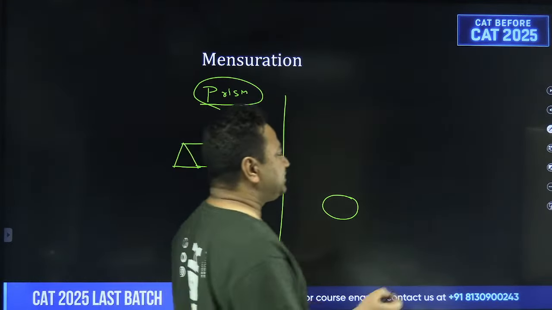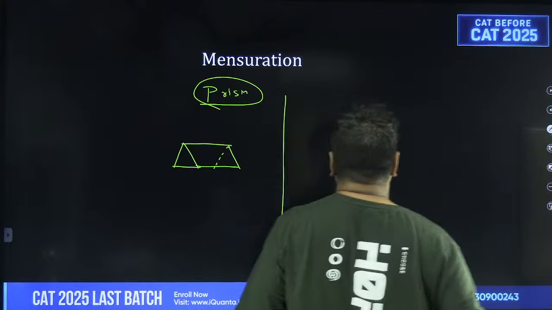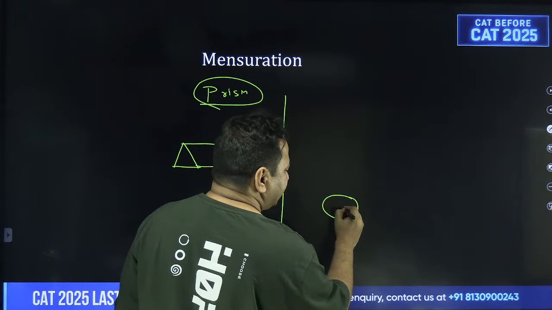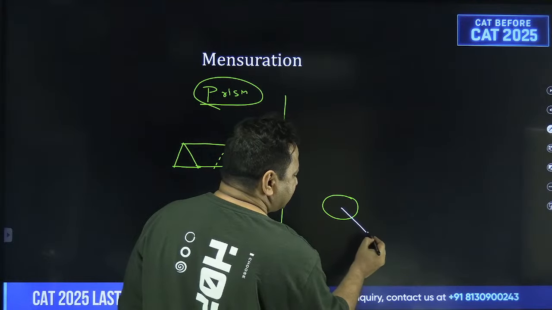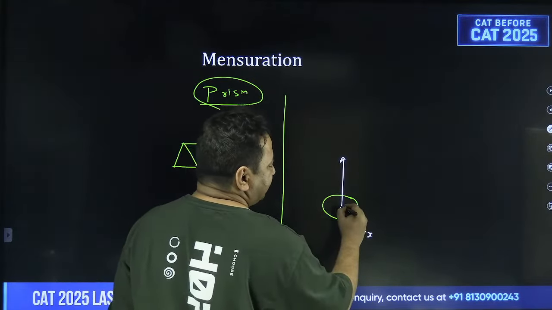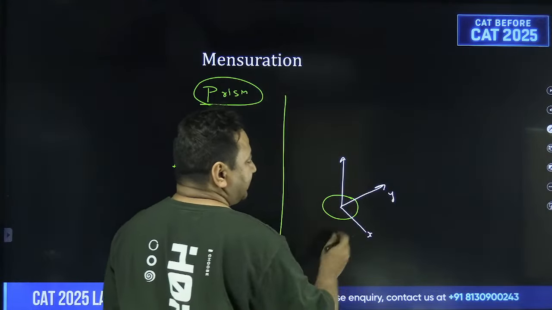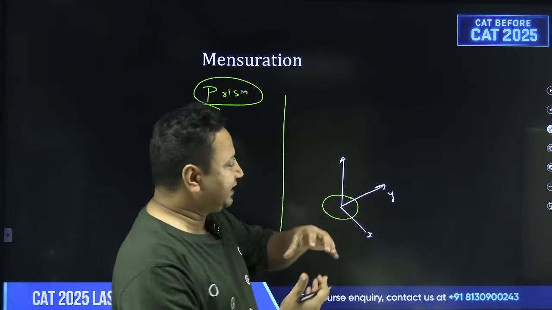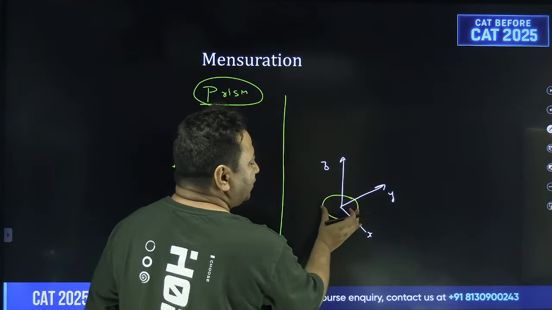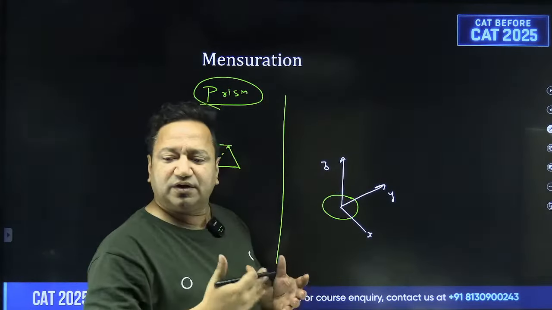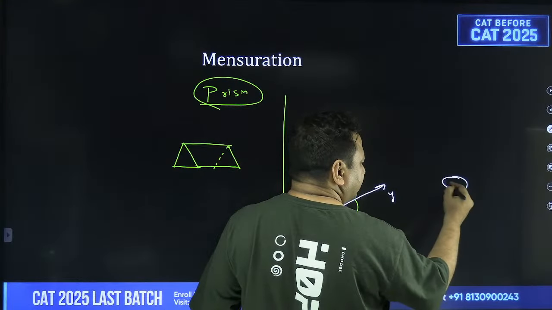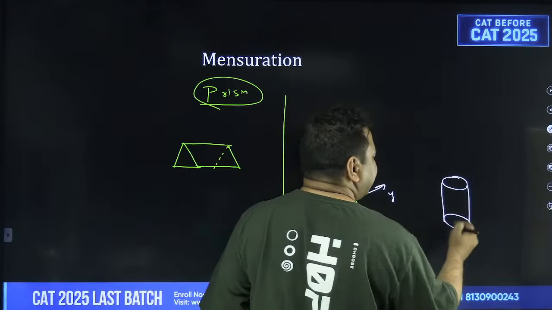Let me say this is the x-axis and this is the y-axis. Then x and y make the circle, and if I project it along the z-axis, it grows. A lot of circles are there, and if I keep on putting the circles one on top of each other, I'll get a cylinder in the end.